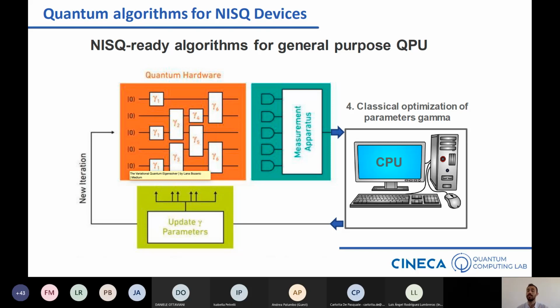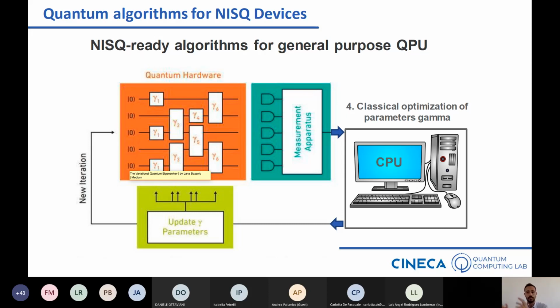The cost function depends on the problem. For example, for problems related to molecules, it is going to be associated with the energy of the molecule. If it's a machine learning problem, it's going to be a classification error, so the cost function is going to be related to the classification.